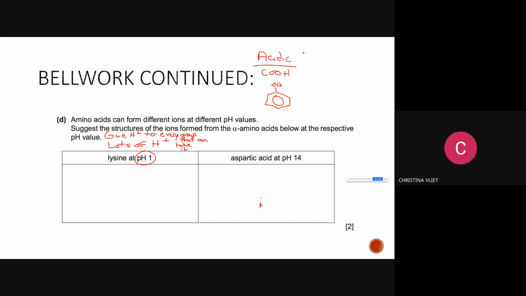And then for basic functional groups, I believe there's only one that you need to know. And what is it? Amine. Not amide. Amine. Right? And then neutral is actually amide.